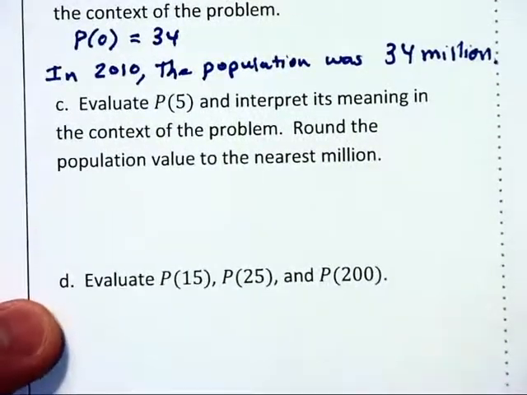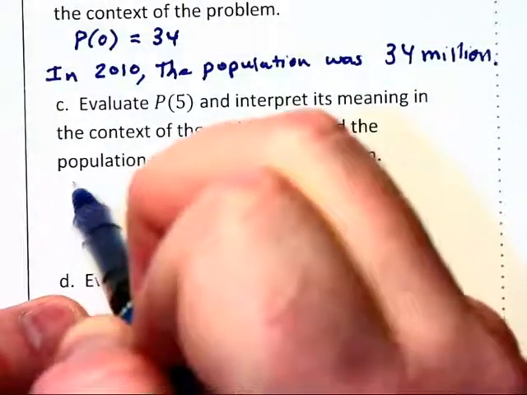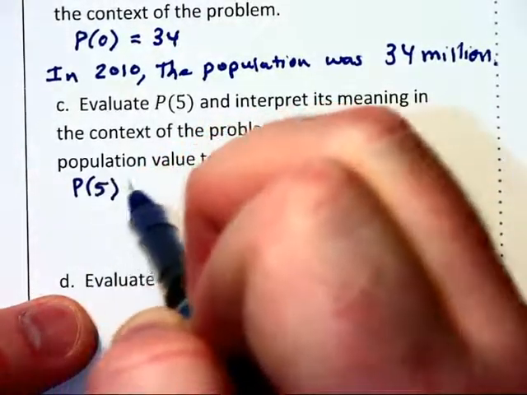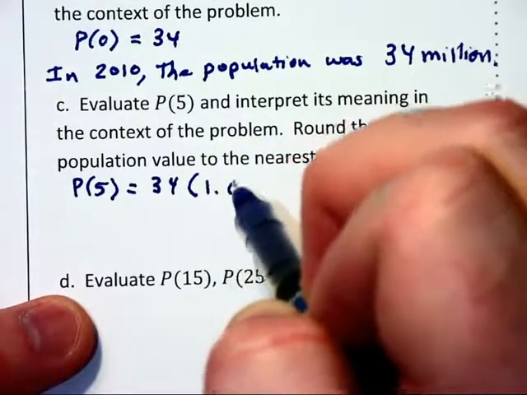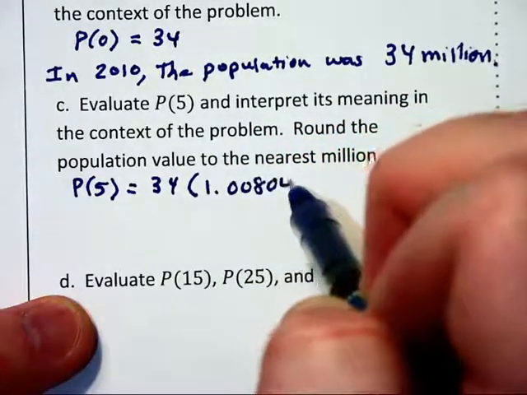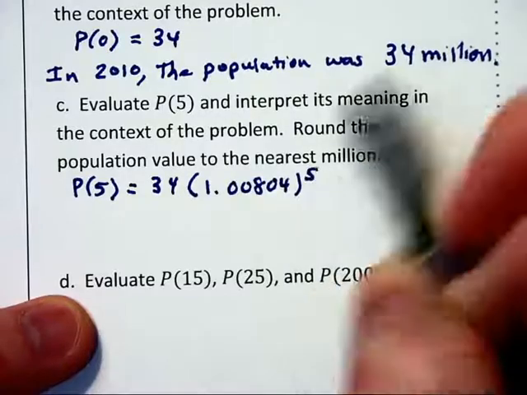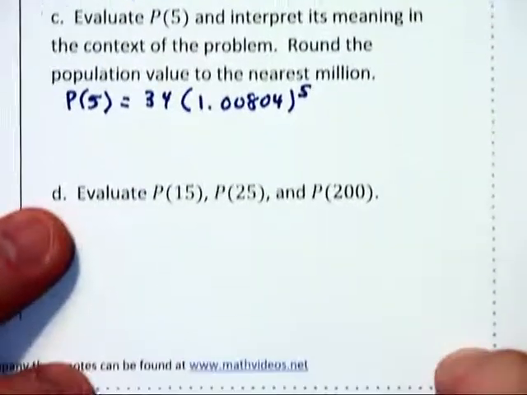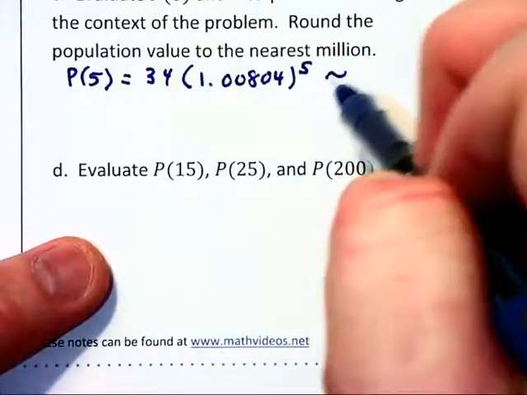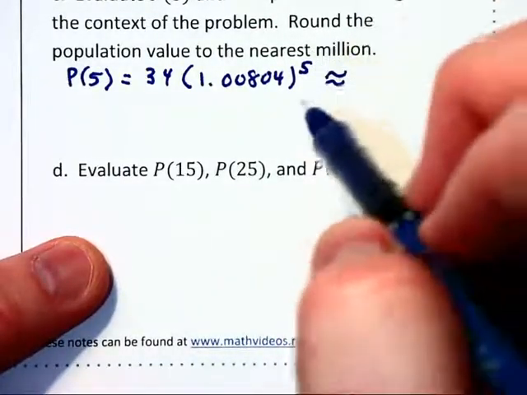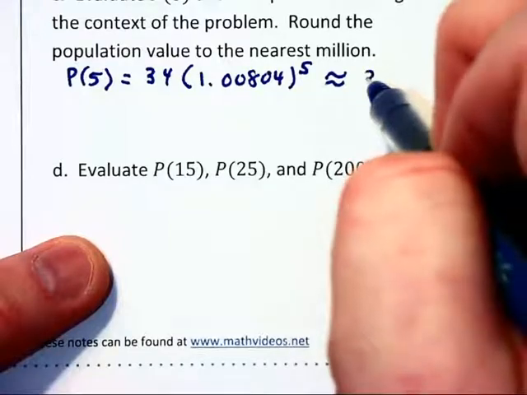Now evaluate P of 5. P of 5 is going to equal 34 times 1.00804 to the 5th power. This becomes a calculator exercise at this point. I'm going to tell you that that is approximately 35.38.